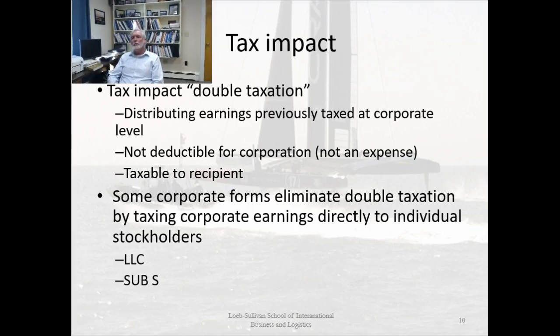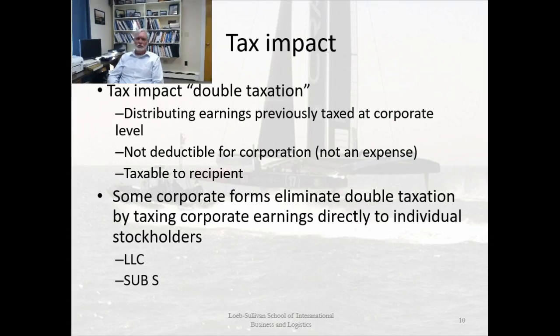The income, let's say I own 10% of a company that makes $100,000 in income this year, I will be taxed on $10,000, whether they pay me dividends or not. So I'm going to pay the tax at my individual rate, and the corporation is not going to pay any tax. So that eliminates the double taxation problem.